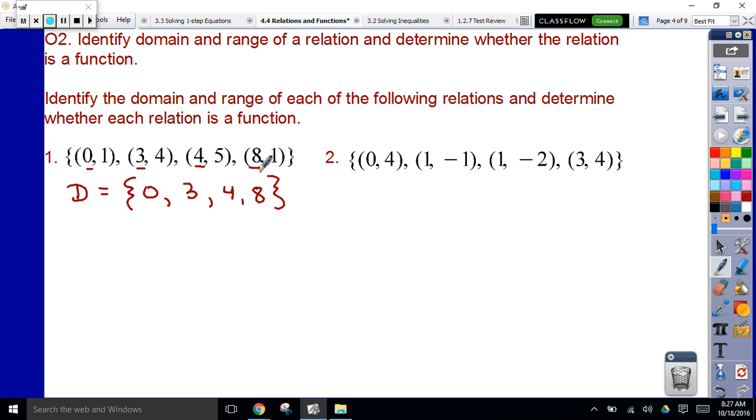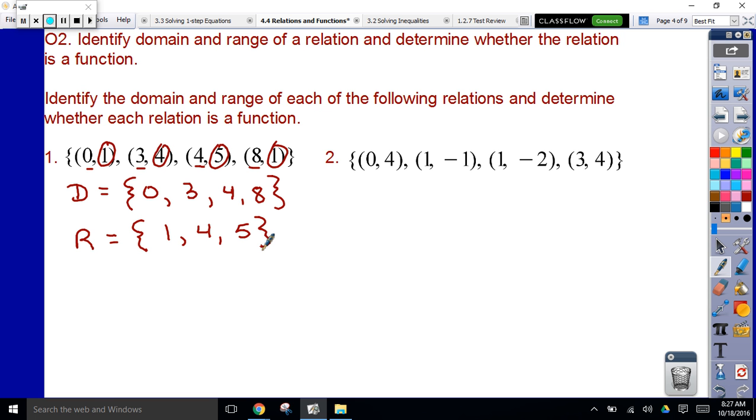So if you happened to have 2 3s, you would only write 1 3 in the list. And we'll see that here as we list the range. For the range, we have 1, 4, 5, and 1. We have 2 1s, but we're only going to list it once. So we're going to do 1, 4, and 5. So the range is just a list of possible outputs.